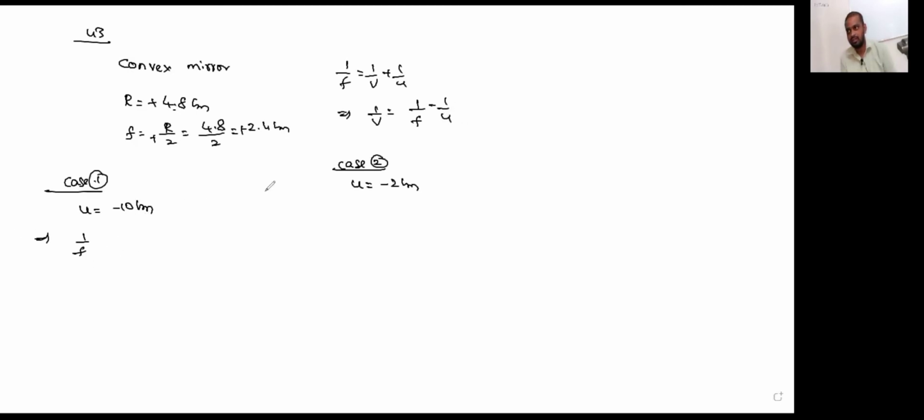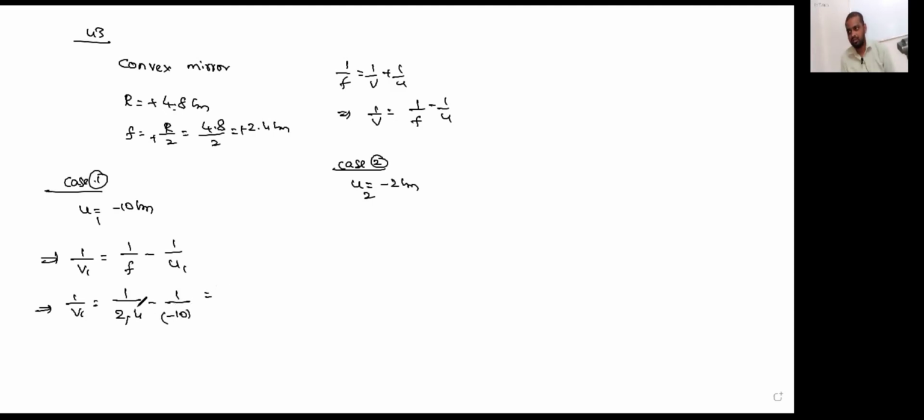So for case 1, 1/v1 can be written as 1/f minus 1/u1. Now 1/v1 is equal to 1/f, whose value is 2.4, minus 1/u, where u is minus 10.